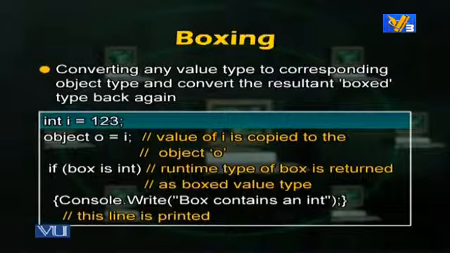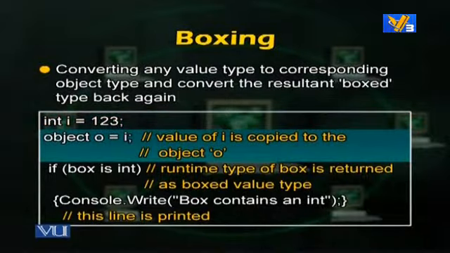If we want to use it as a reference type, what we need to do is declare object O is equal to I. So in this particular case, what is happening is I is copied to the object O. When it is copied to object O, we can now use it as a reference, and we can use it in all those places where a reference is needed.